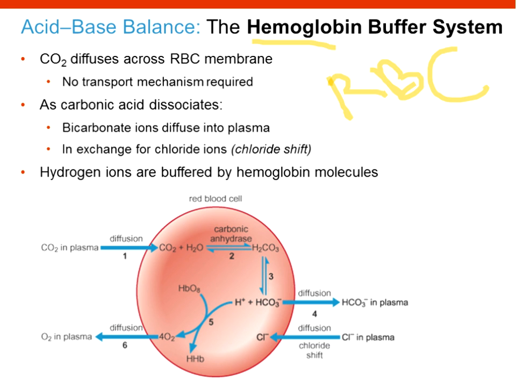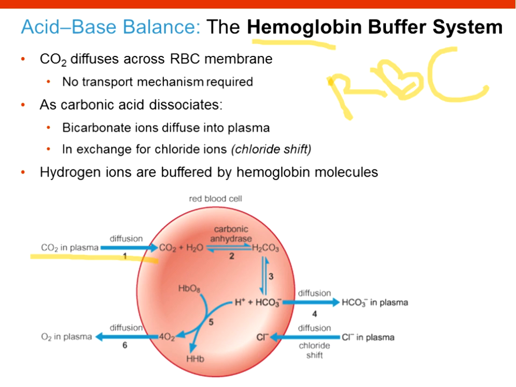Okay? And it works by carbon dioxide as a gas can flow easily across the membrane into the red blood cell. And when the carbon dioxide flows in, there's water in the cytosol of the red blood cell. And some of that carbon dioxide in water, because there's a protein carbonic anhydrase, is going to become carbonic acid.